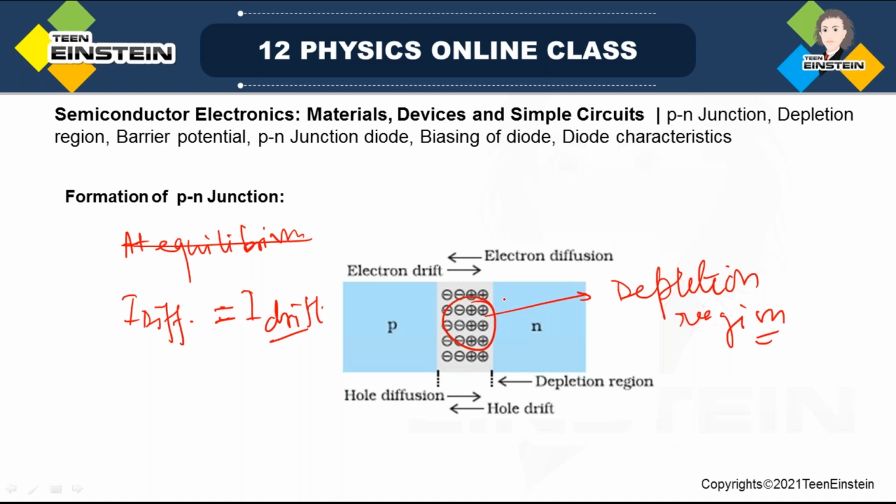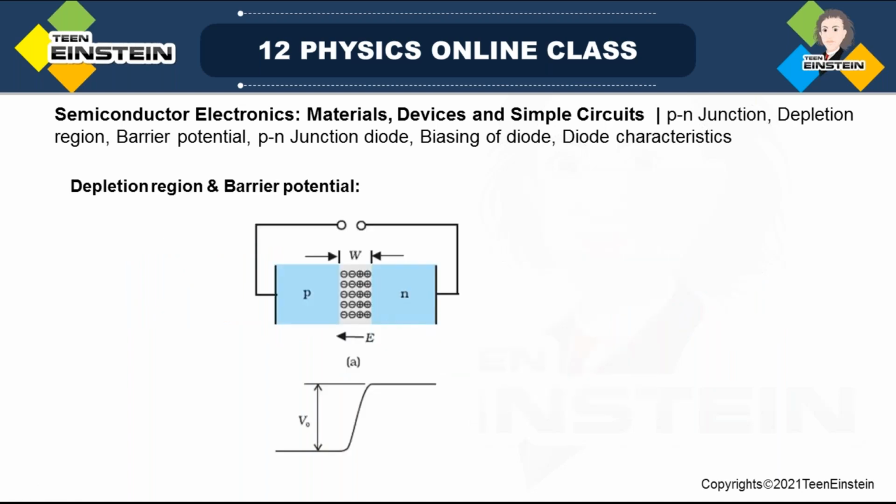Now, one more point I'll discuss over here. Since there is an electric field, there will be a potential difference also across the junction.